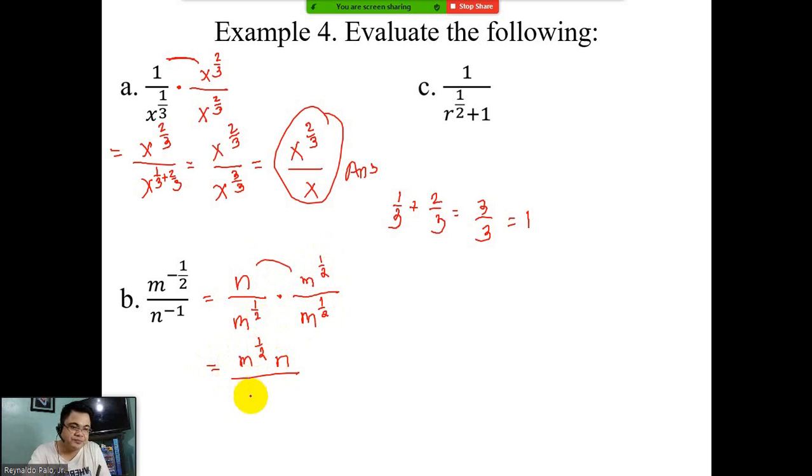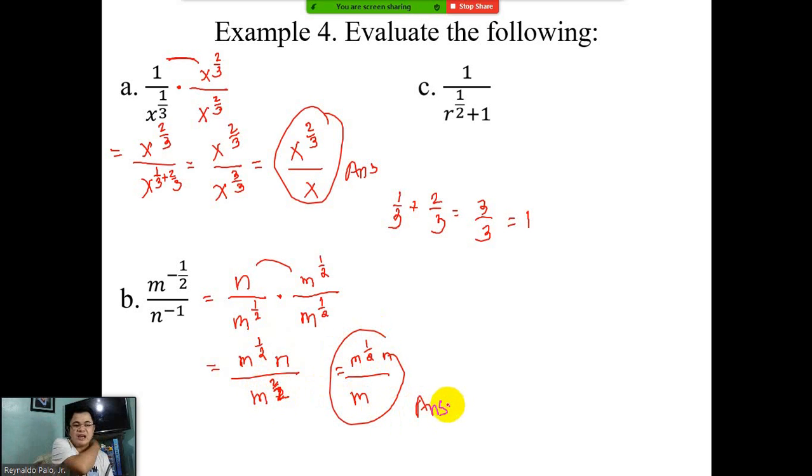Over, copy the base, 1/2 plus 1/2, of course, is 2 over 2, or simply m raised to the power of 1/2 over m, because 2 over 2 is 1. So this will be our final answer, m raised to the power of 1/2 n over m.